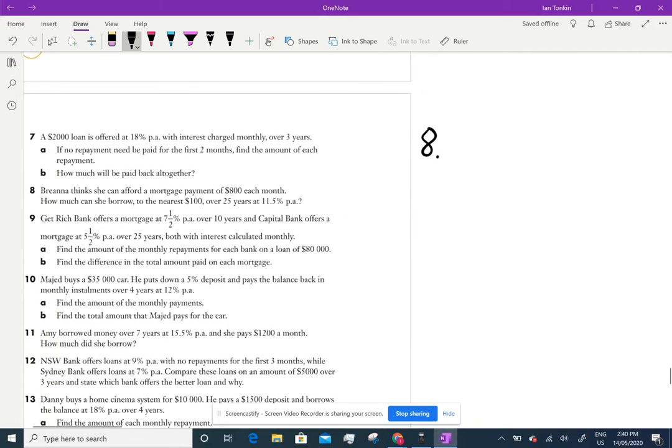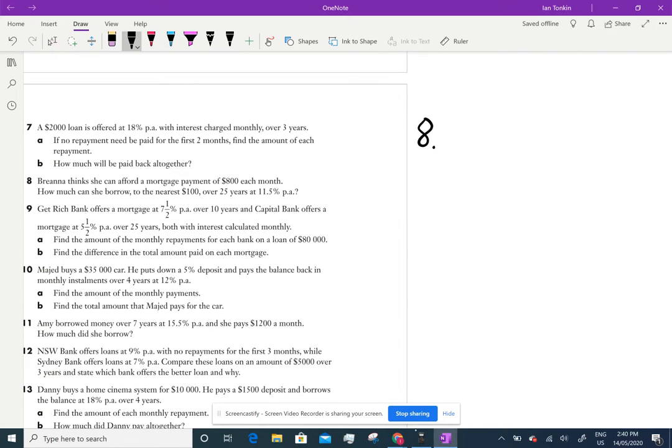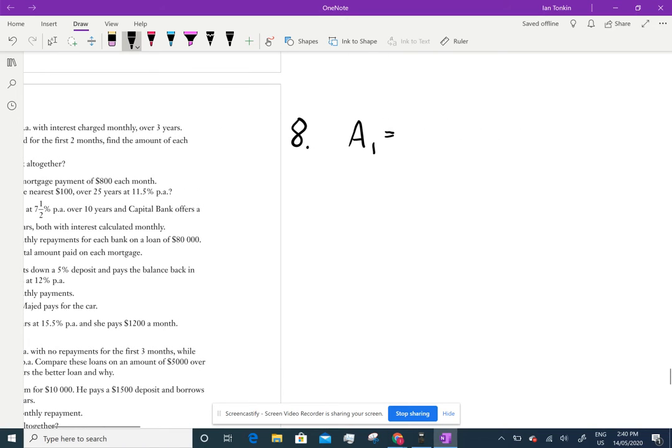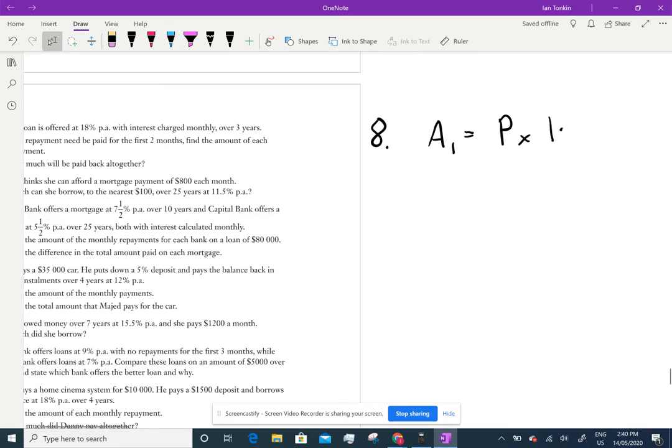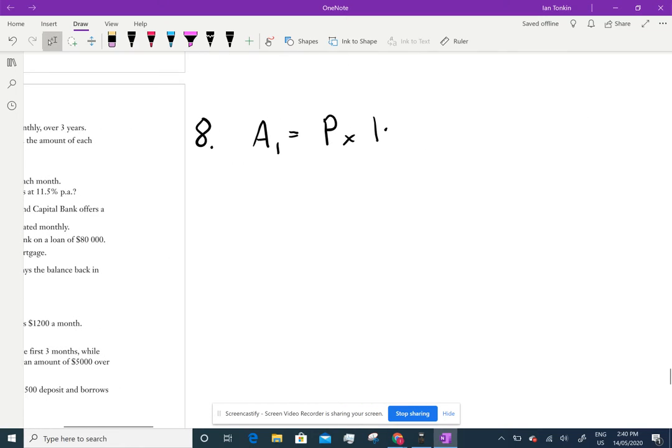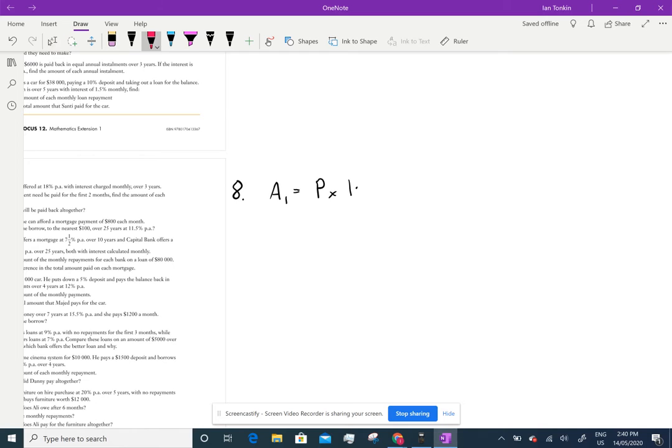So we go after the first month, some amount, I'm going to call it P, times 11.5% per annum. So this is where you're going to have trouble.